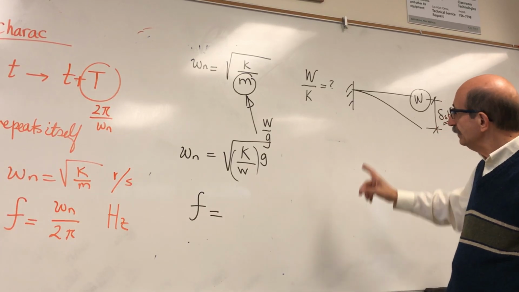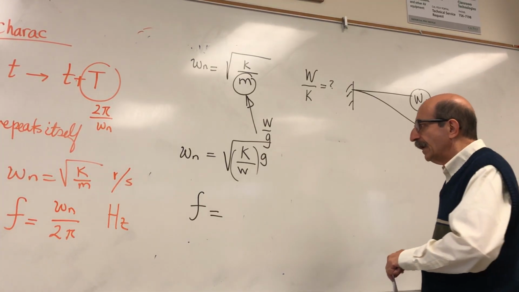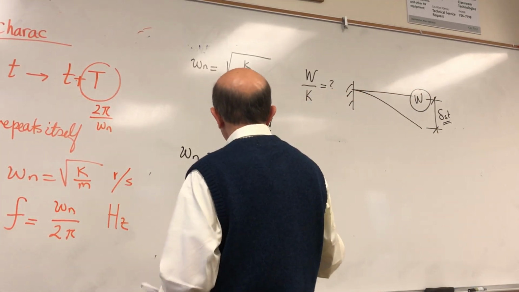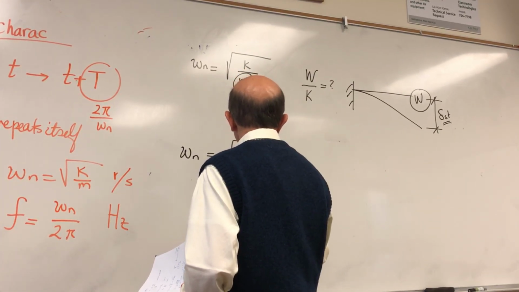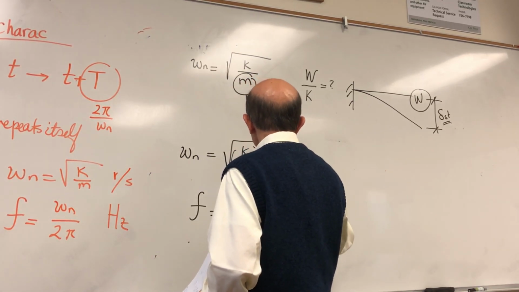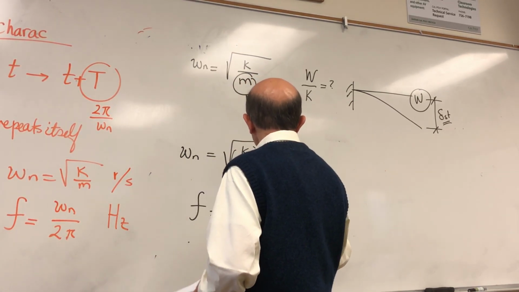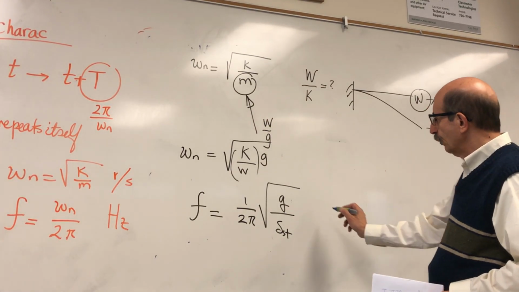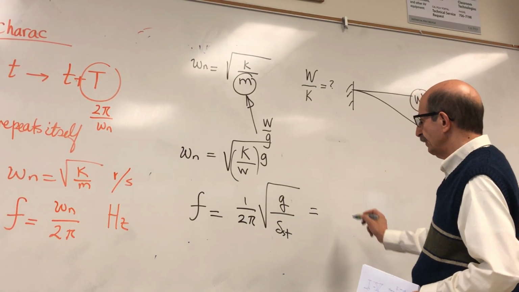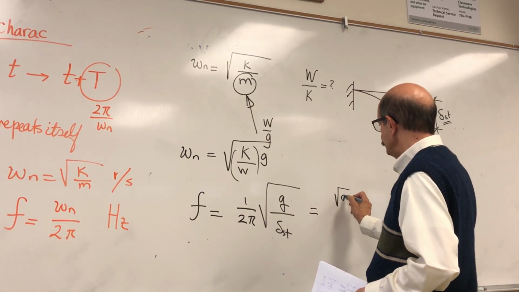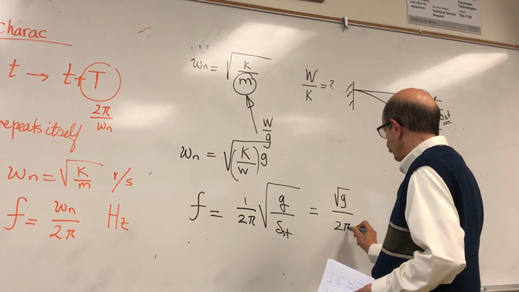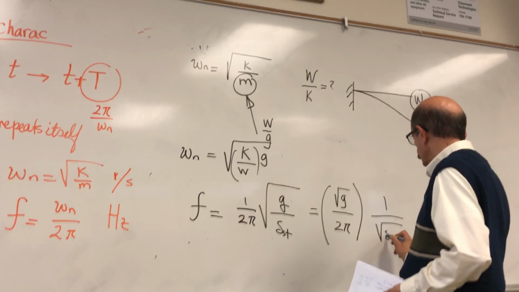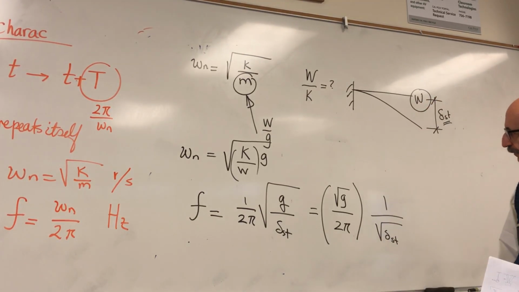So if I substitute that in here and I write it in terms of the Hertz, I will get 1 over 2 pi times the square root of G over the static displacement. Or I can further simplify this. I can write this as the square root of G over 2 pi times 1 over the square root of that static displacement.